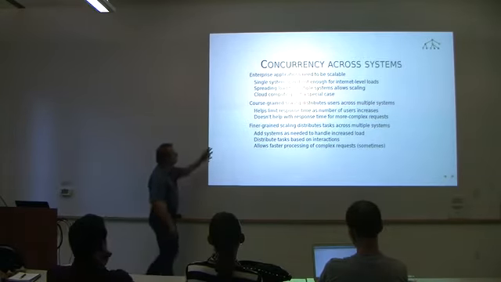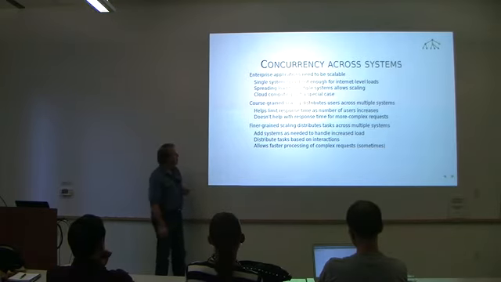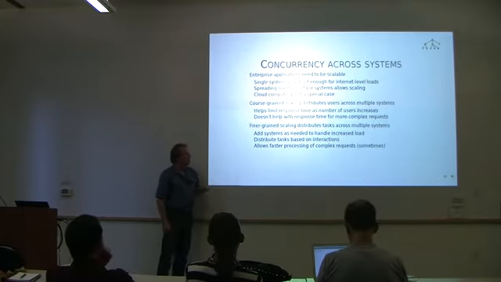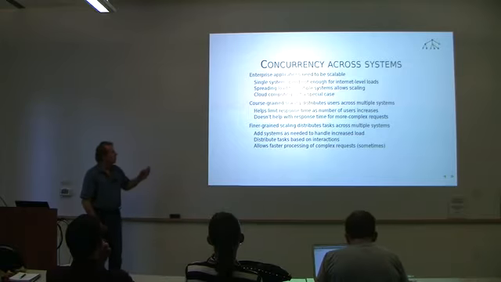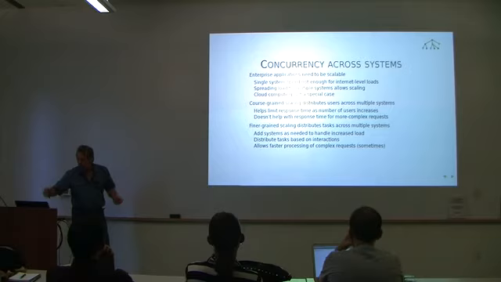So you can still add systems as needed to handle increased load. You can distribute tasks based on interactions. And if you set things up right, at least in theory, you can do faster processing of complex requests than you can just with scaling the application across multiple systems as a whole.